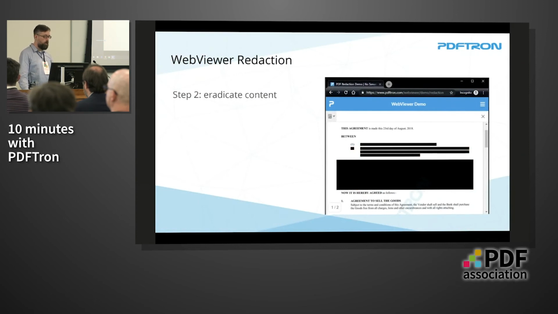And then afterwards, if you'd like to try this out yourself, you can download the redacted PDF copy and examine it for yourself in something like Acrobat Pro, and you can see that the content is fully gone from the document.